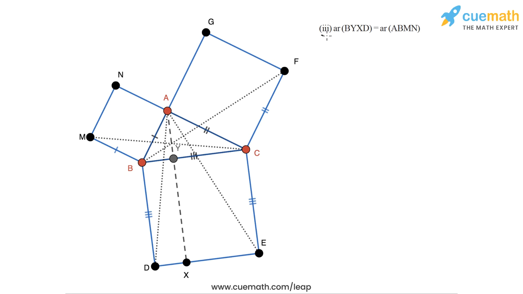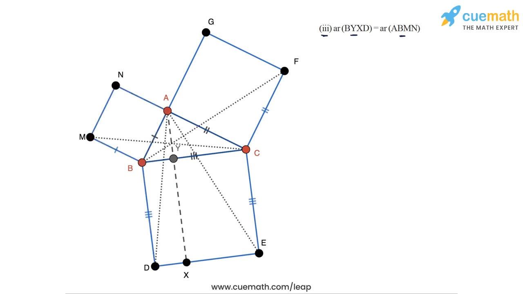Now coming to part 3, we have to prove that the area of BYXD is equal to the area of ABMN. BYXD is this rectangle that I have highlighted, and ABMN is the square on the side AB of triangle ABC. We have to show that these two areas are equal. Now this is actually quite straightforward to show.